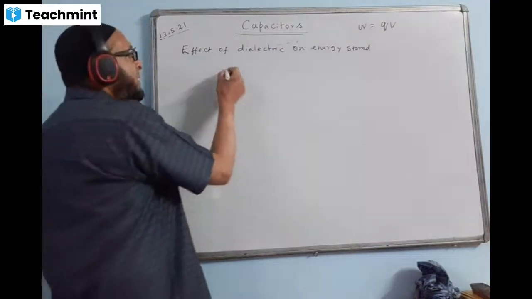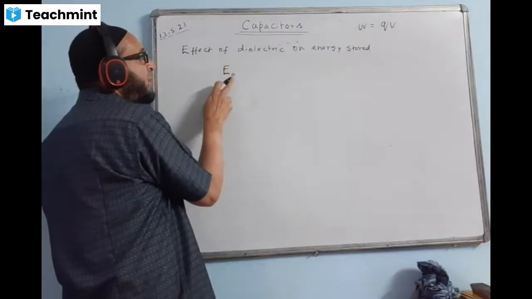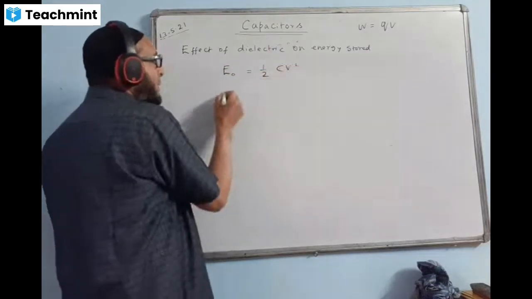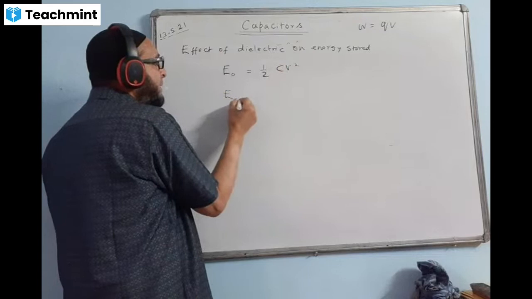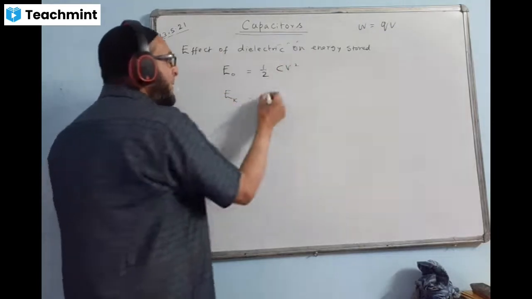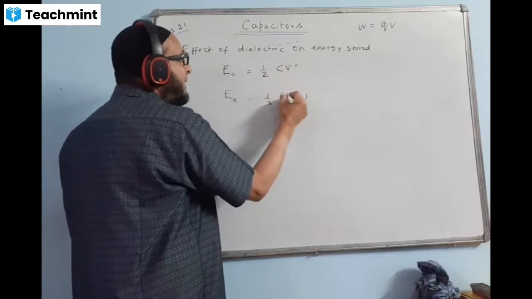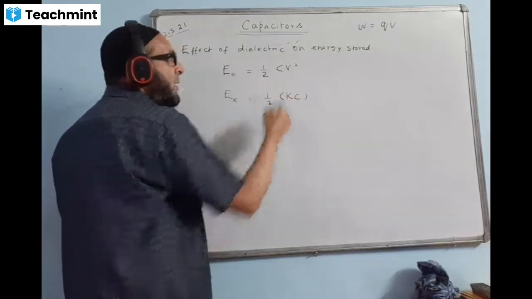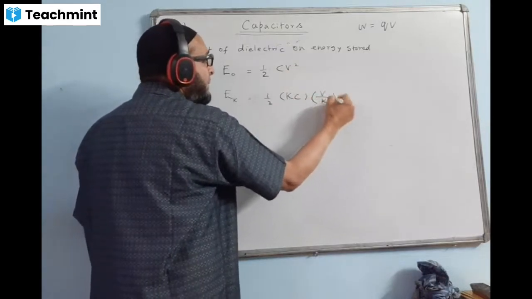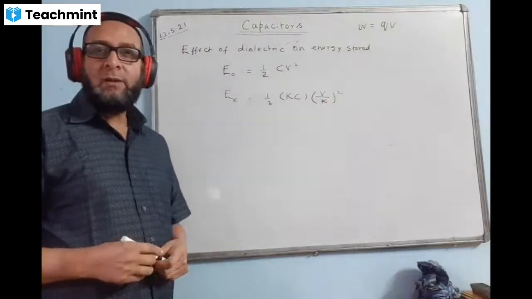So we will be doing it like this. Energy stored when there is no medium, that is free space, E0, formula just now you got, half CV square. Now the change taking place here, E in place of dielectric K, half, because we know capacitance increases by K times, so K multiplied by C. But the potential will decrease now. New potential will be V divided by K. Potential decreases by 1 by K times.